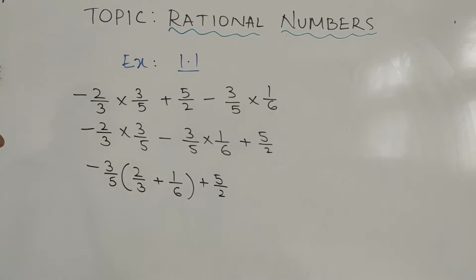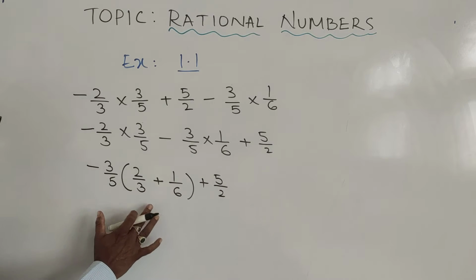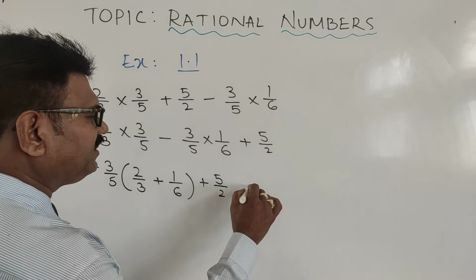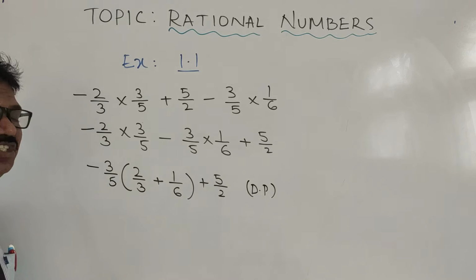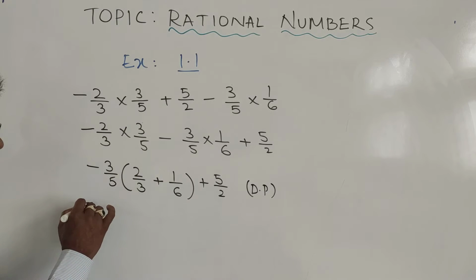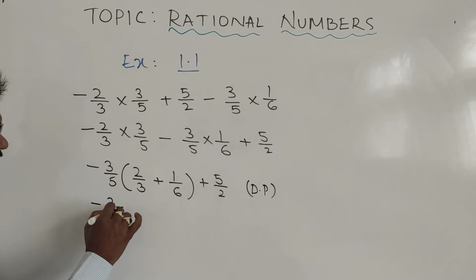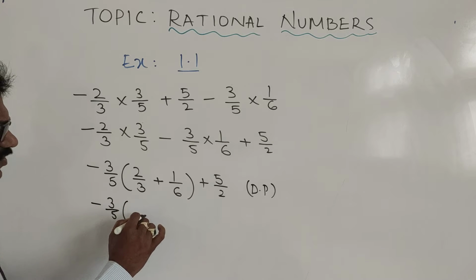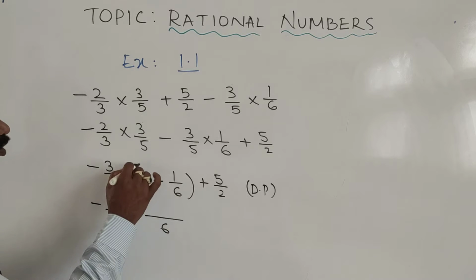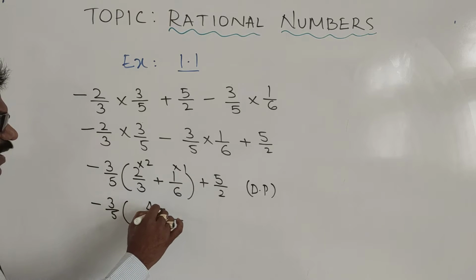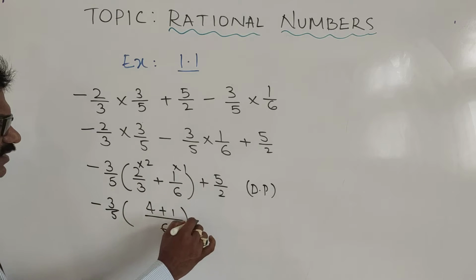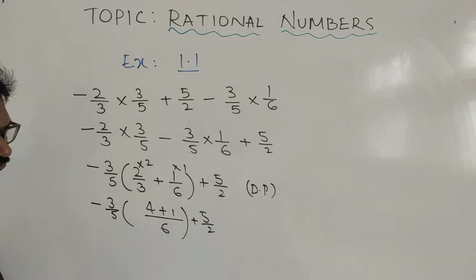Again, which property is it? Can anybody tell? Yes, it is nothing but the distributive property. Now again, minus 3 by 5. Now the LCM is 6. 3 twos are 6, that is 2 into 6, and 1 is 1, therefore 4 plus 1, and plus 5 by 2.